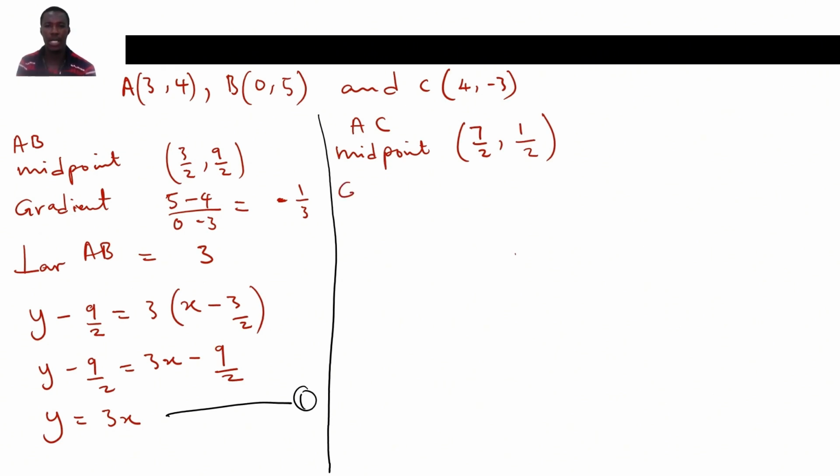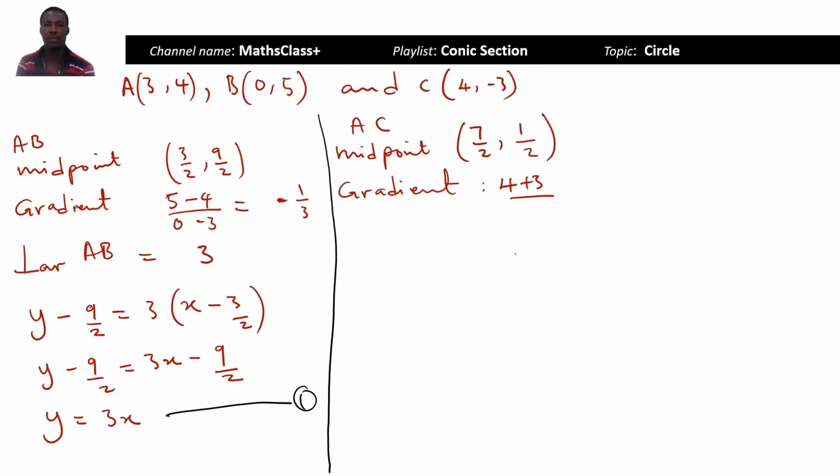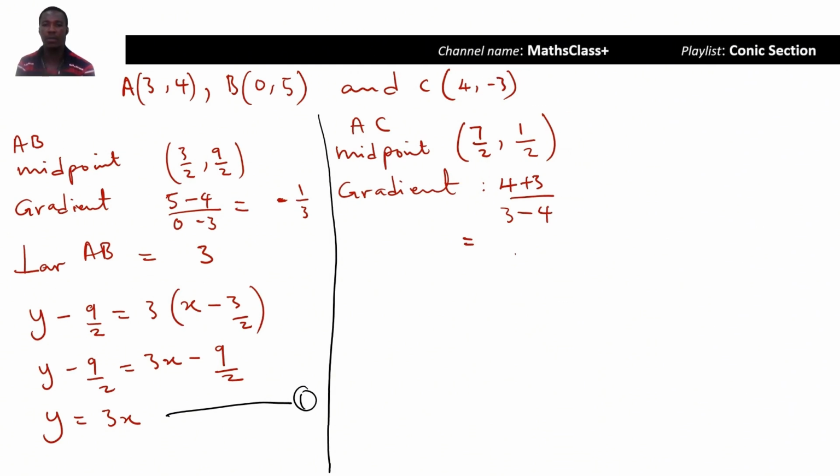Now we also find the gradient. And the gradient will be 4 minus negative 3, which will be 4 plus 3, divided by 3 minus 4. So that will give us 7 over negative 1, which is negative 7.